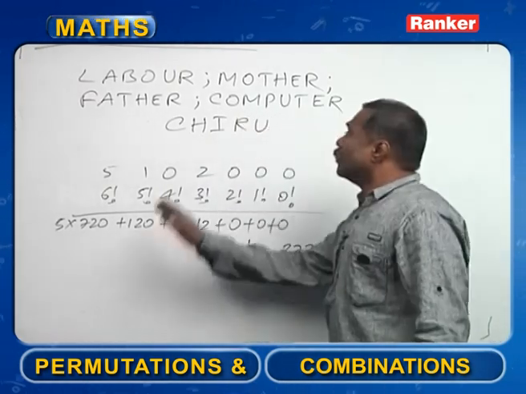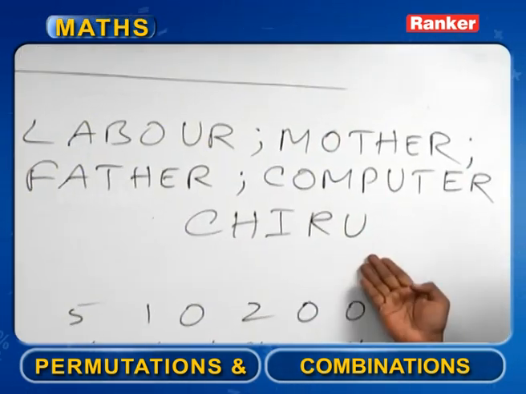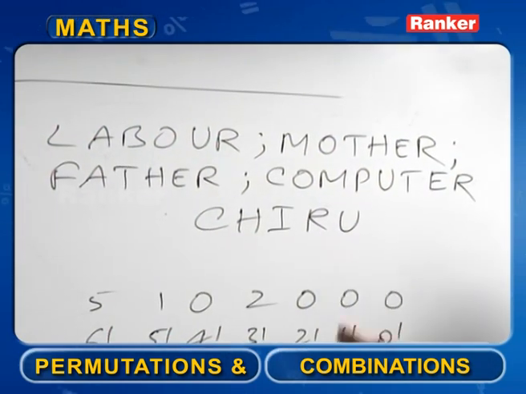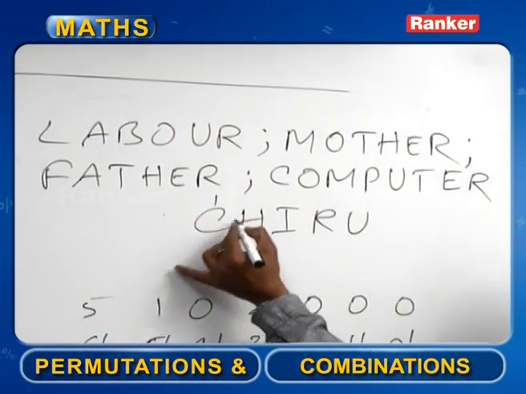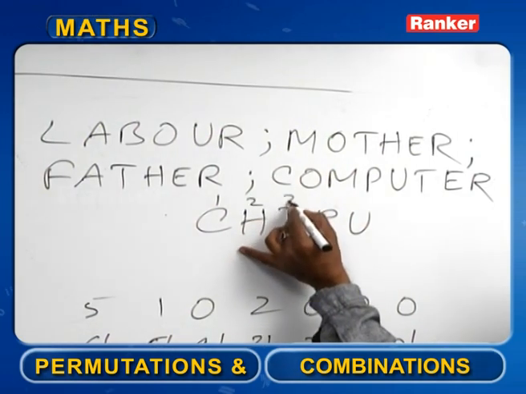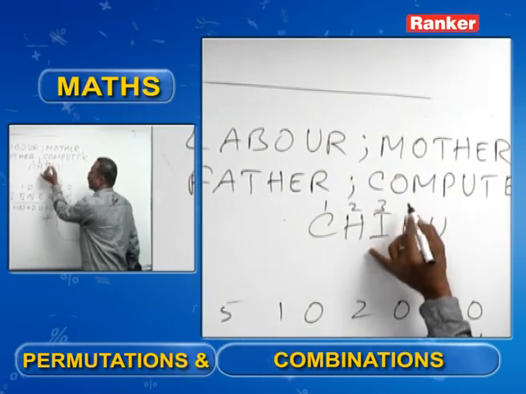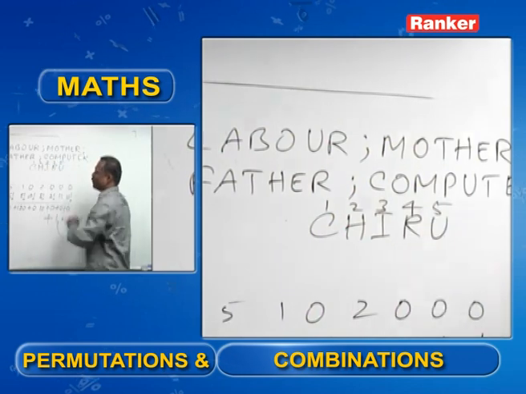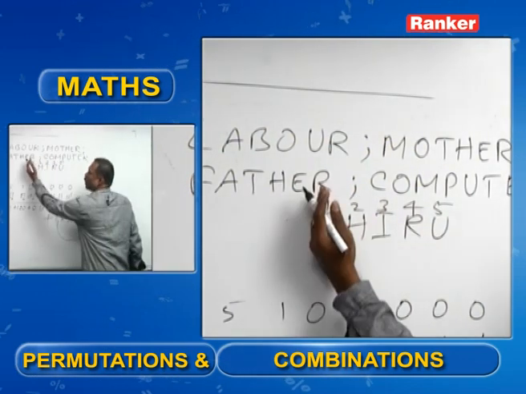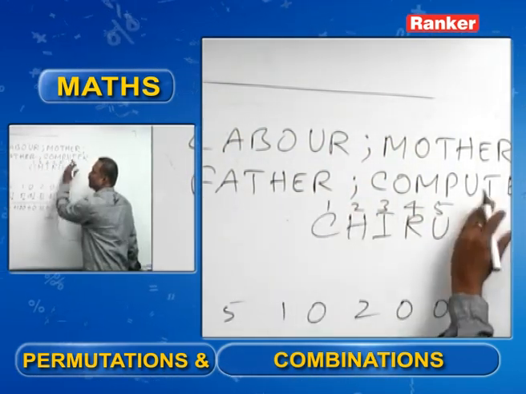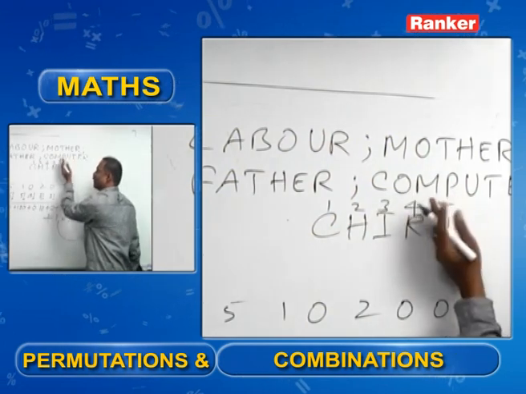What does it mean? CHIRU doesn't require any arrangement here, because C is 1, H is 2, I is 3, R is 4, U is 5. Less than 1, nothing is there. Less than 2, nothing is there. Less than 3, nothing is there. Less than 4, nothing is there. Less than 5, nothing is there.